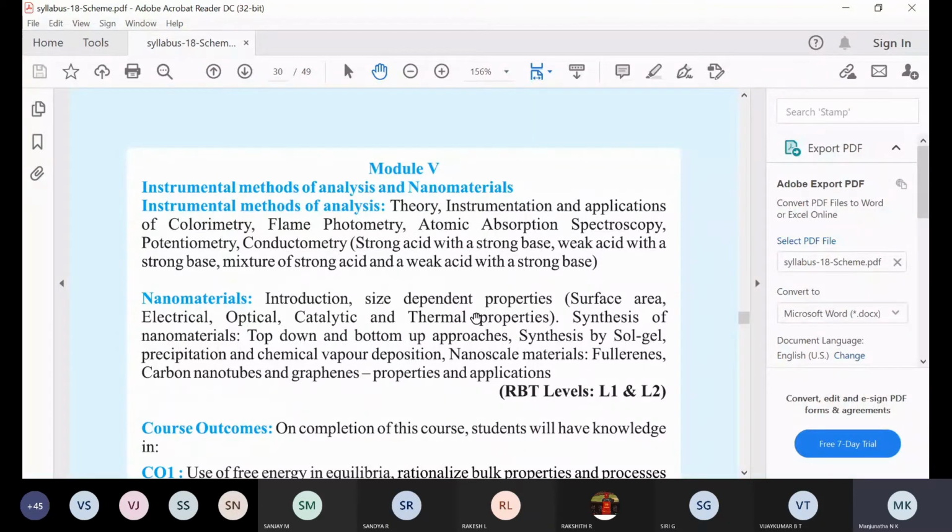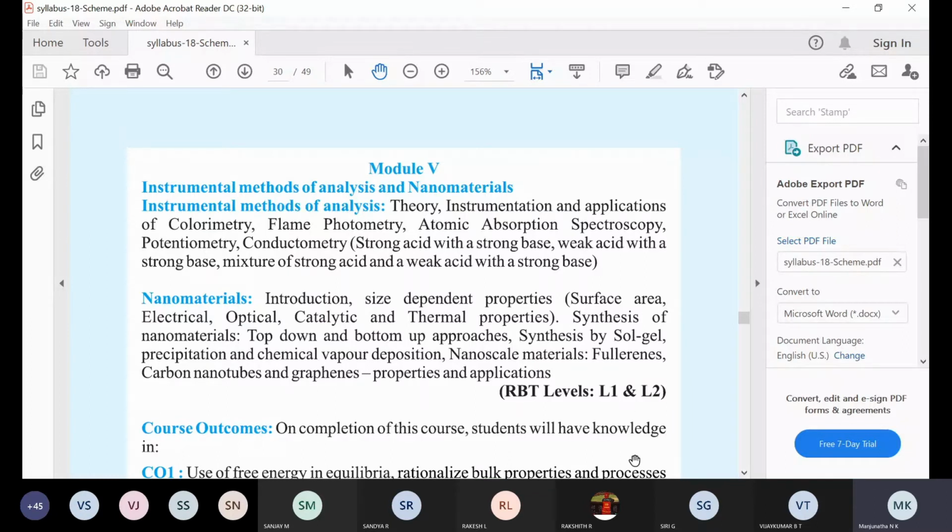Next, we are going to study the synthesis of nanomaterials, in which you have three methods: the sol-gel method, precipitation, and the chemical vapor deposition method. After that, we are going to study some nanomaterials, in which you have three examples: fullerenes, carbon nanotubes, and graphene. The properties and applications of these three nanomaterials we are going to study.